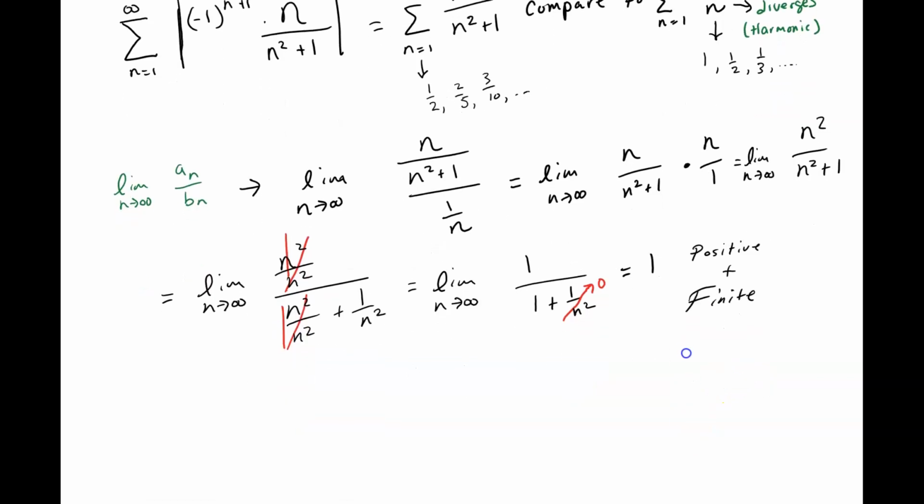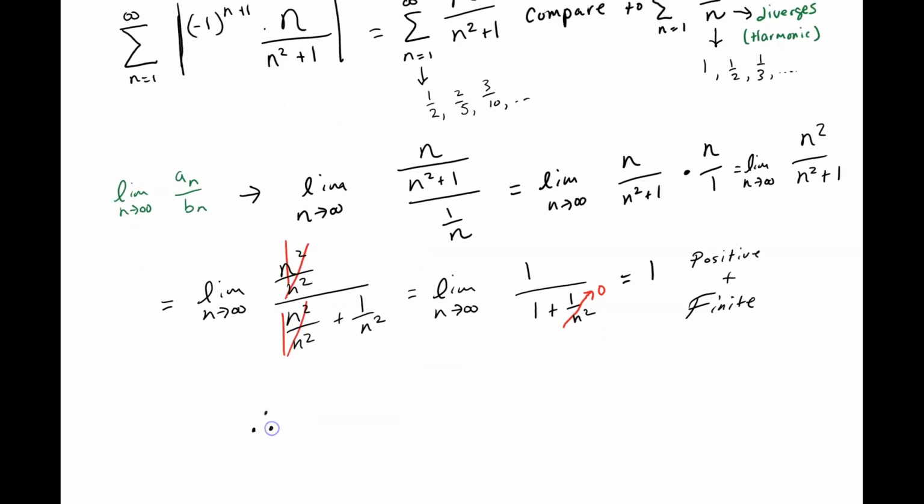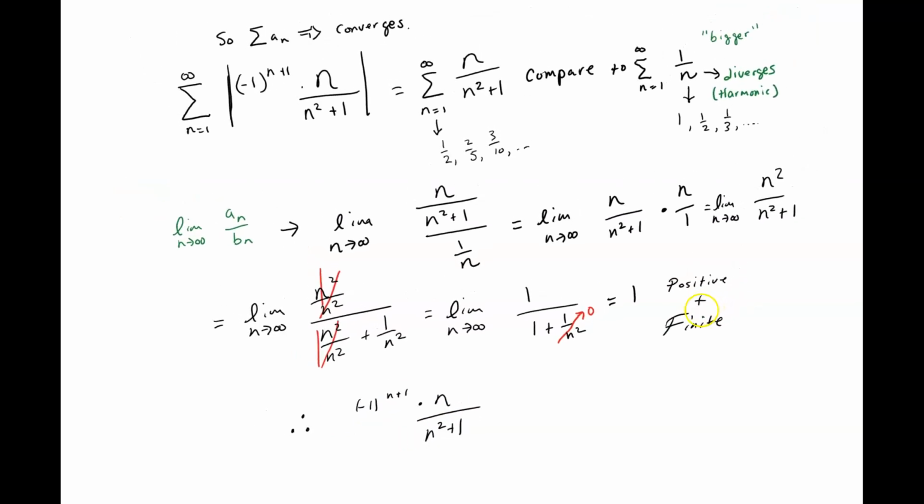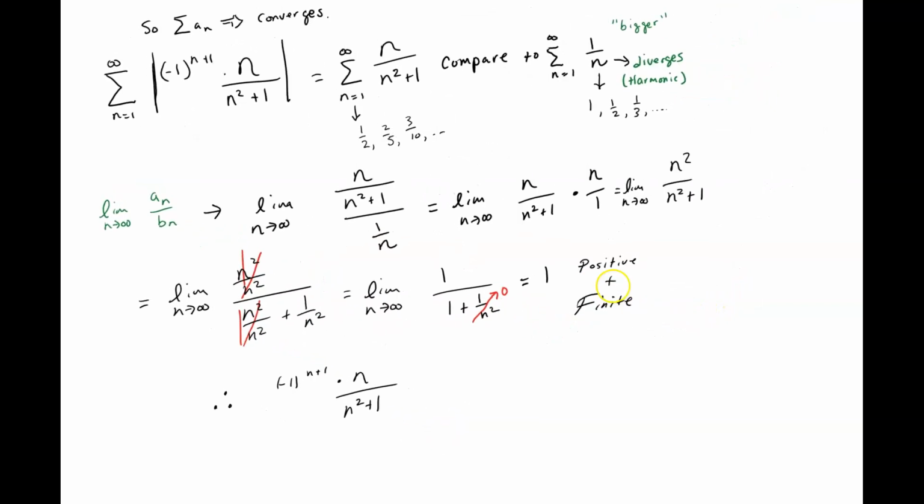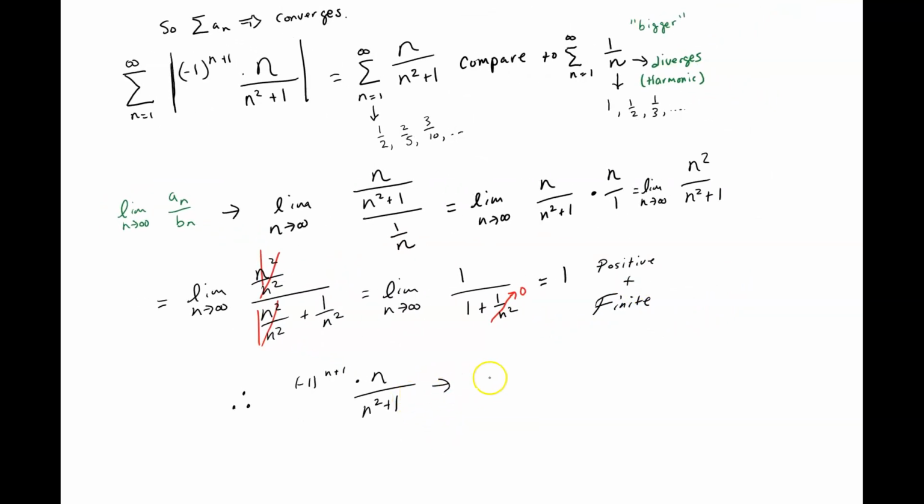Therefore, we can say that this series, negative 1 to the n plus 1 times n over n squared plus 1, does not converge absolutely, because the absolute series would have to diverge based on the limit comparison test.